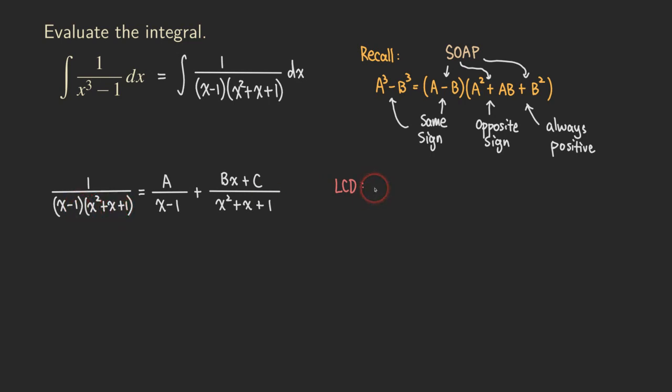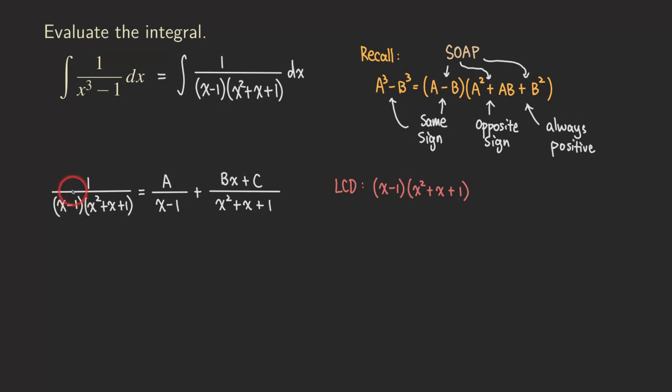Okay, so we are just going to be writing down x minus 1, and then x squared plus x plus 1. Okay, so far so good. So it's always the same thing as the original denominator, so we don't even need to try too hard to figure it out. Okay, so now we multiply every fraction of this equation by the LCD.